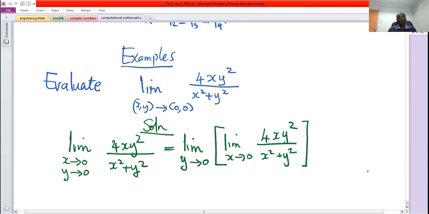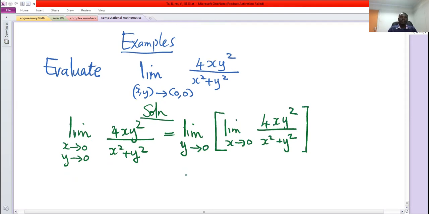So this, by direct substitution, will give us the limit as y approaches 0, where this x, we put 0, and then x squared, 0 squared, plus y squared.